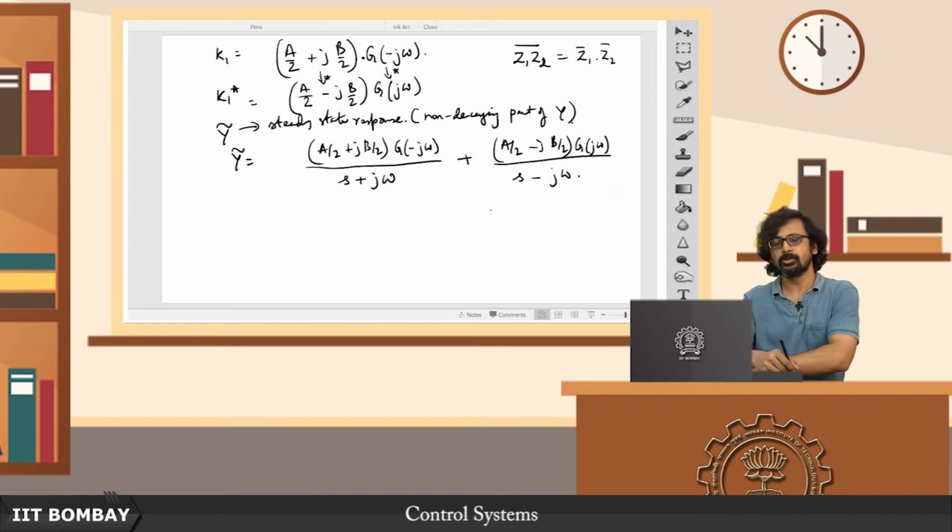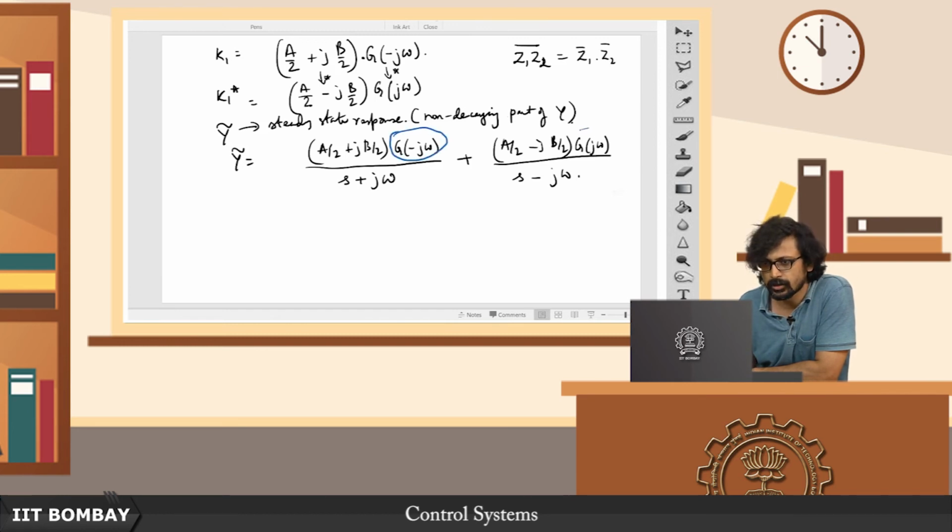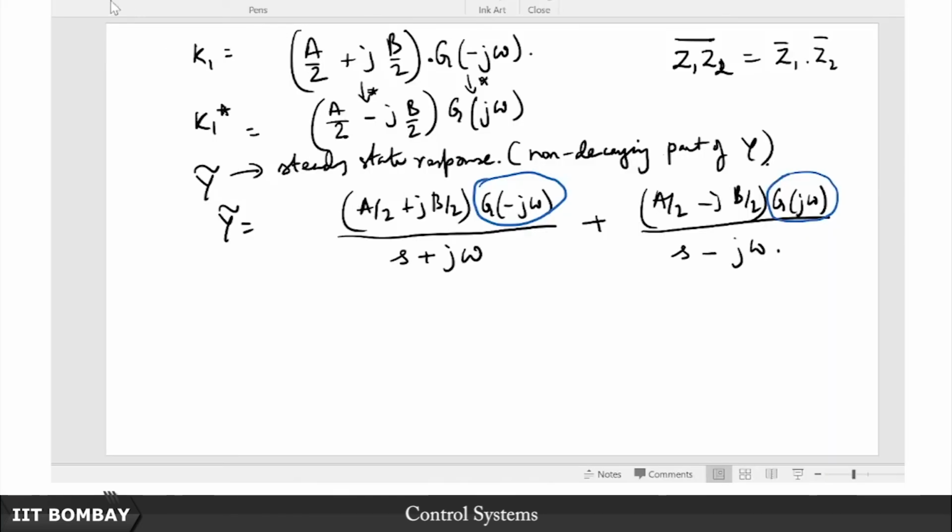At this juncture I am going to talk about something which will turn our attention to this term and naturally also to this term. Now remember that this is nothing but a complex number, and as with every complex number we can split this up into a magnitude and a phase. So what is going to be the phase of this complex number?